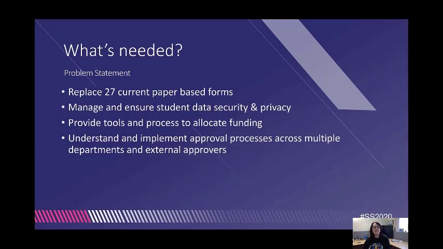We need to ensure data privacy, and we need to provide the tools to allocate the funding. I don't know how much you know about universities, but they have maybe 30 or 40 philanthropic funds that will donate to a university or a college to allow students to buy books, etc., using that fund money. It's important to allocate the money correctly to the right fund.